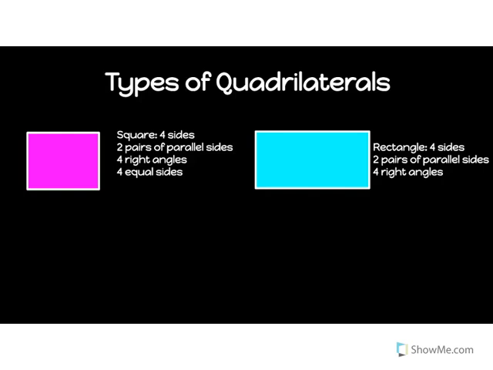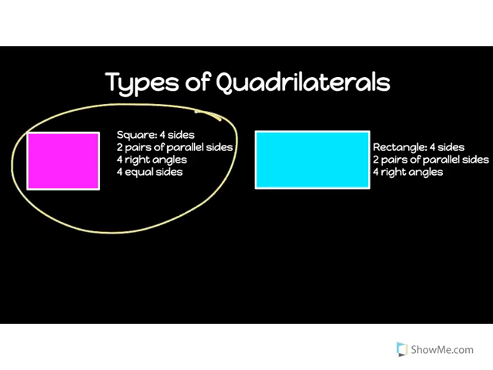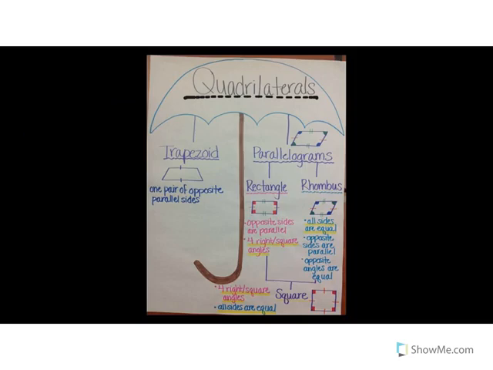So a square fits all the requirements of a rectangle except the four equal sides. So a square is a special type of rectangle. If we look back at our anchor chart, you will see rectangle, and then right below it is square, because a square is just a special type of rectangle.